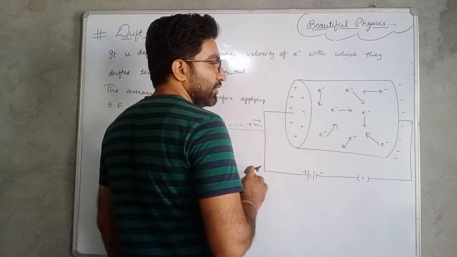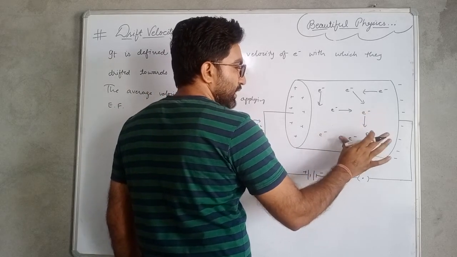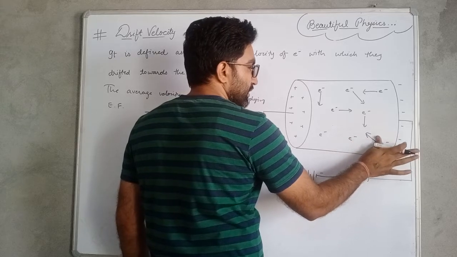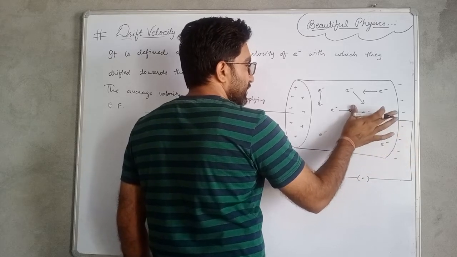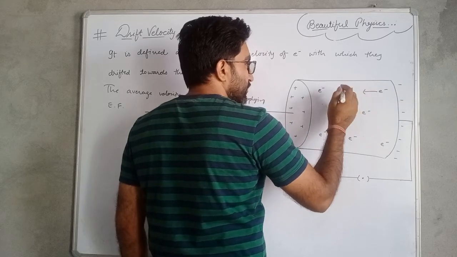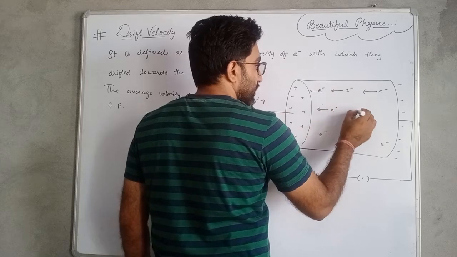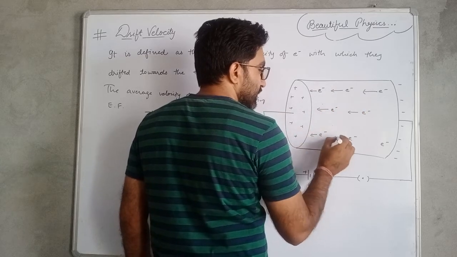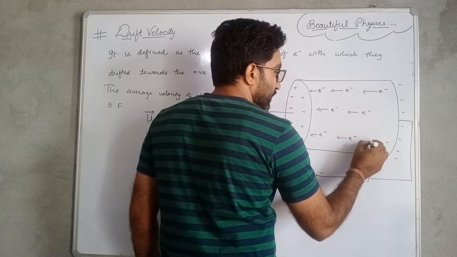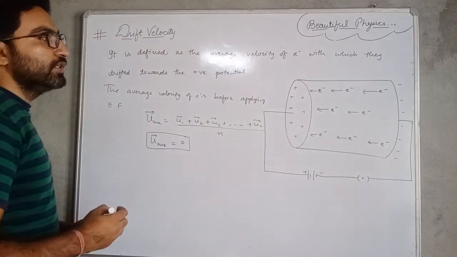Initially the electrons have random velocities, but due to the applied electric field, they have a particular direction, and all the electrons will drift towards the positive potential in this manner. Okay, and this velocity is known as the drift velocity. All the electrons will drift towards the positive potential.